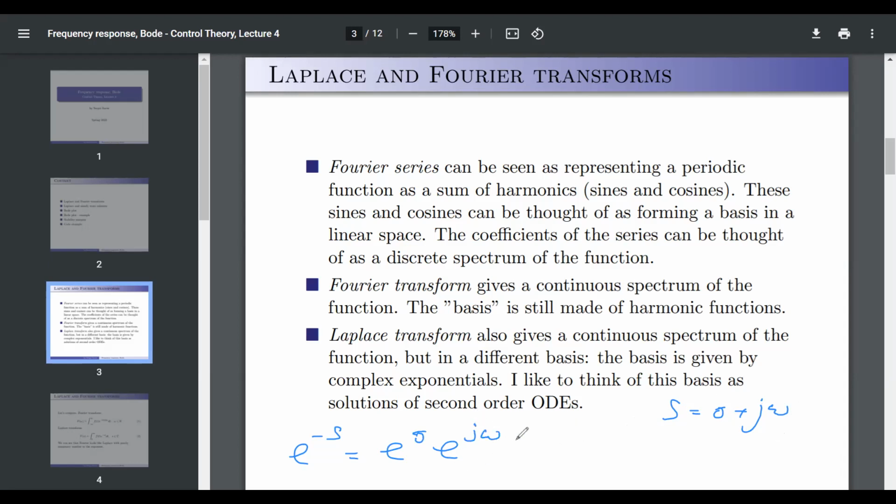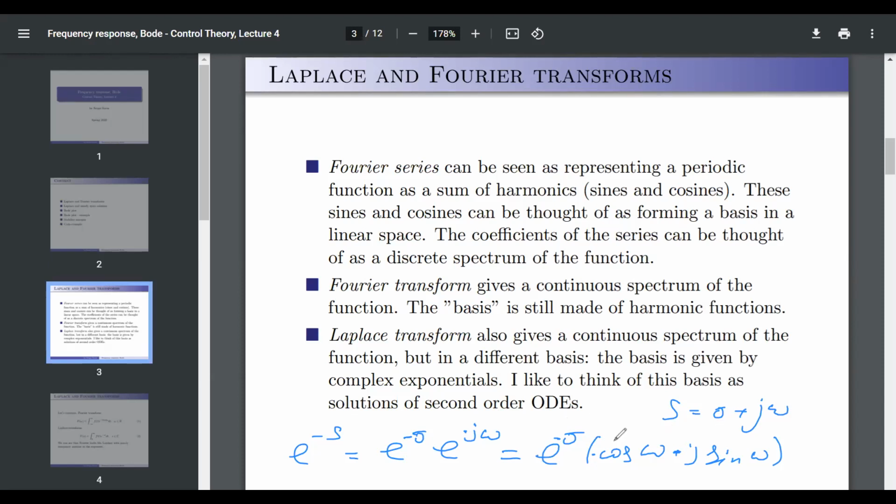And this in turn, using Euler's identity, is cosine omega plus j sine omega, as far as I remember, with a minus sign for both. So complex exponentials contain a real part and an imaginary part.